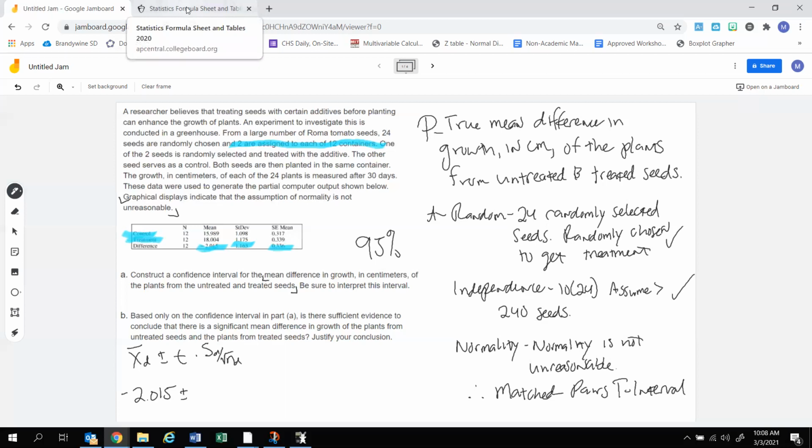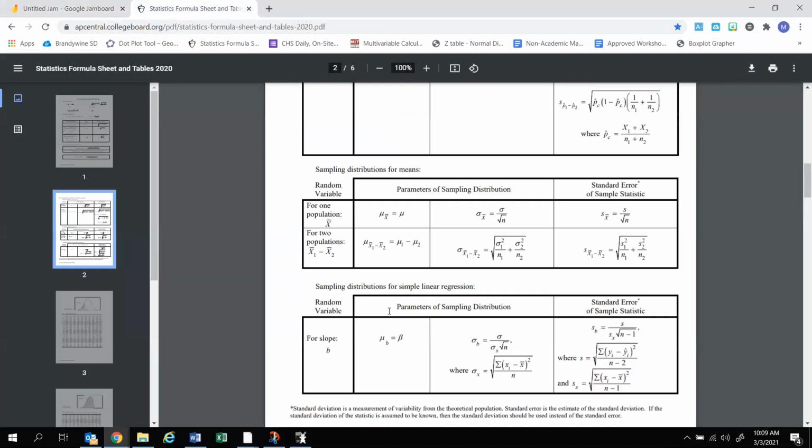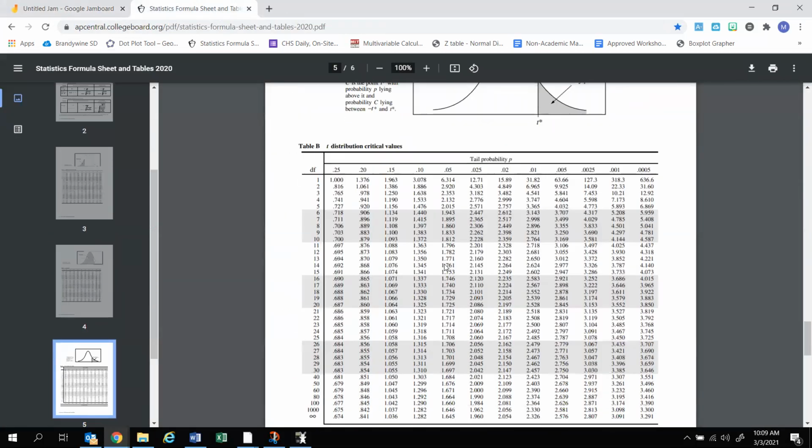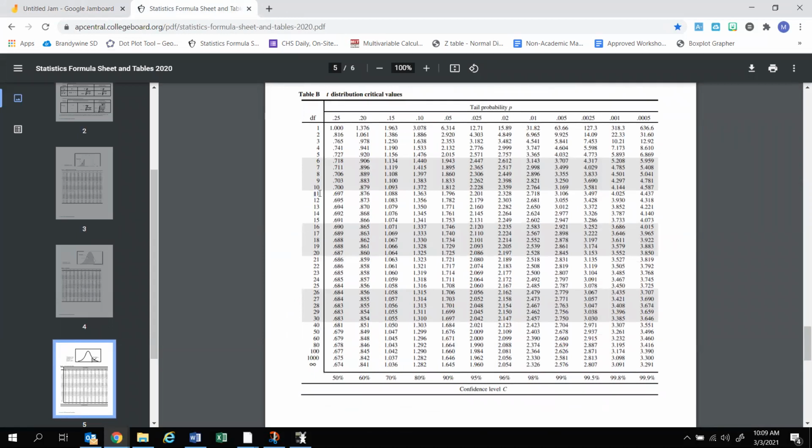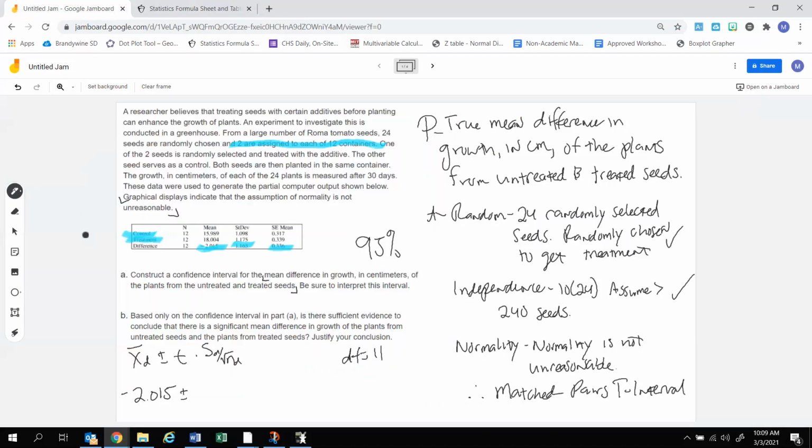Sample size is 12, so our degrees of freedom, you want to make sure you label, is 12 minus 1, so it's 11. We go to our formula sheet, to the t table. 11 degrees of freedom is right here. We go over to 95% confidence, so that's 2.201. Standard error, they give it to us. It's 0.336.